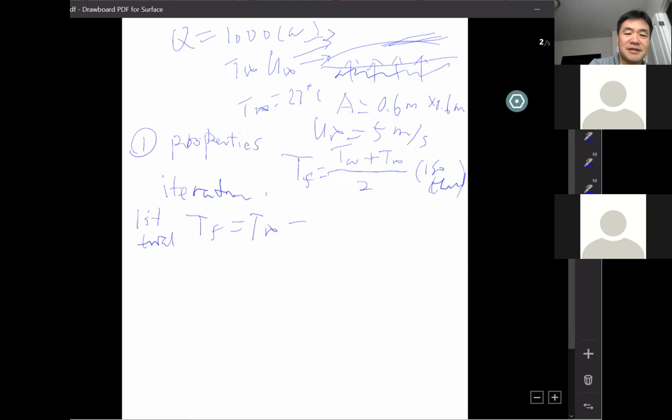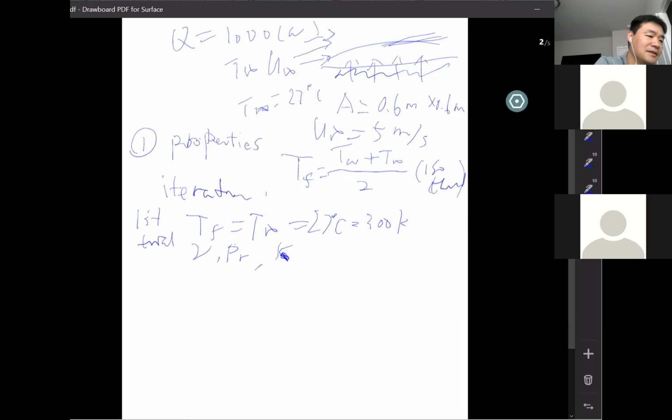So it is 27 degrees Celsius, or 300 K. Then you can find your viscosity at 300 K, your Prandtl number, your K, thermal conductivity, everything you can find from the appendix. I think that's what you need, right?